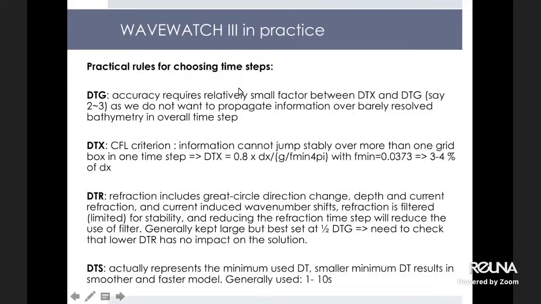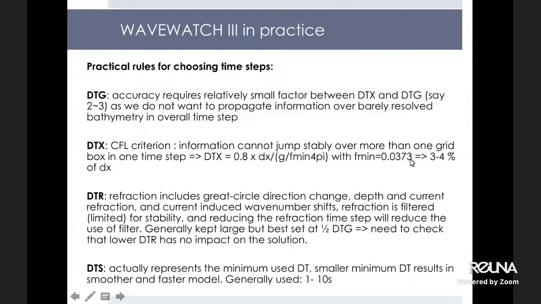So we have the global time step, and here I provide some guidance to set these time steps. The global time step will be 2 to 3 times the CFL time step, which is the second one actually. The CFL time step depends on the advection.